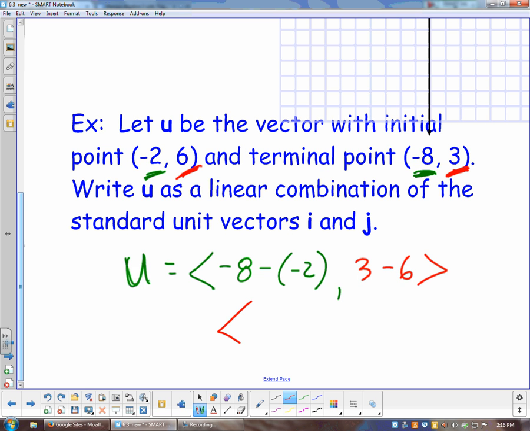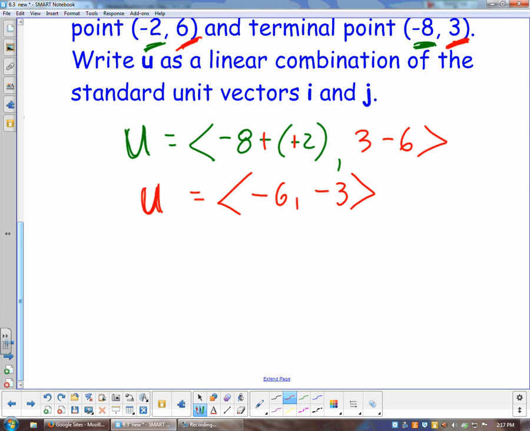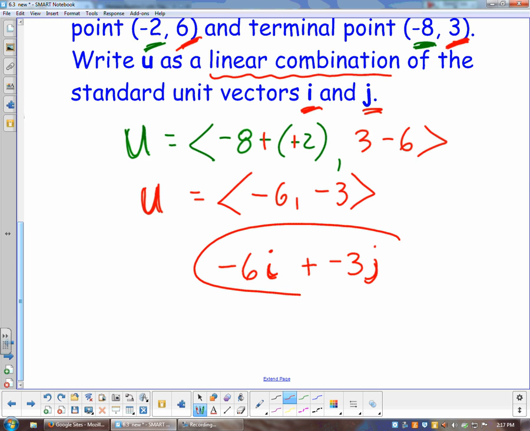So I get that this is going to be -6 comma -3. That is the component form of vector u. And if I want to write this as a linear combination of the standard unit vectors I and j, then I'm basically saying I want -6 of these unit vector i's, and I want to add to that -3 of the unit vector j's. So this is how I would write that.